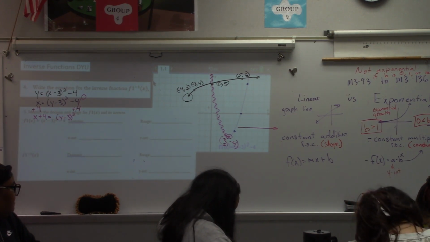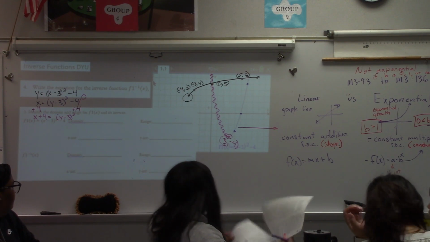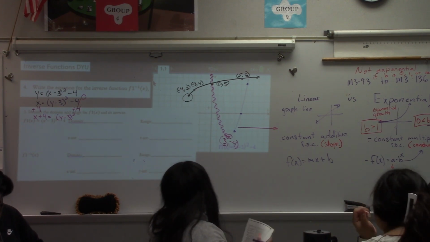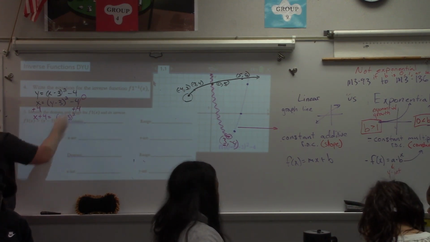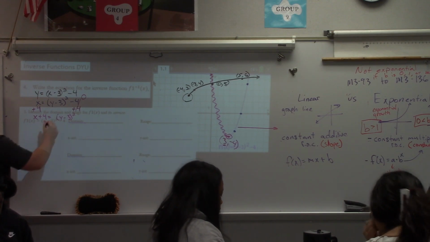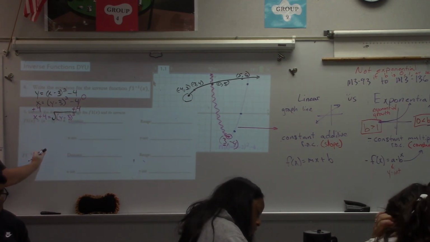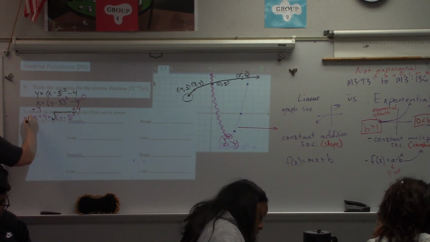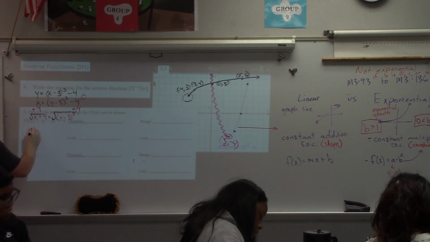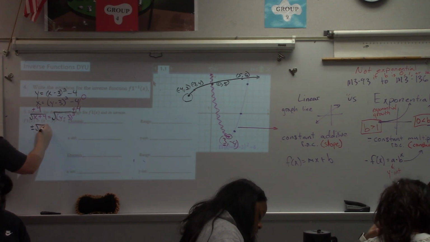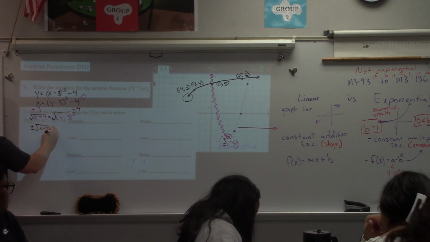What's the next inverse? When I have a square, the inverse of a square is a square root. And whatever I do to one side of the equation, I do to the other. That's called a property of equality. Now, someone was asking earlier about the plus or minus.